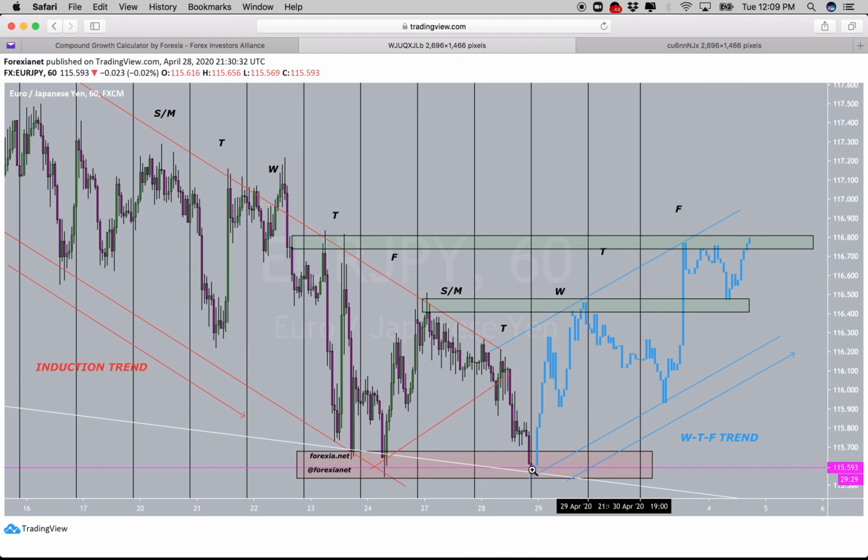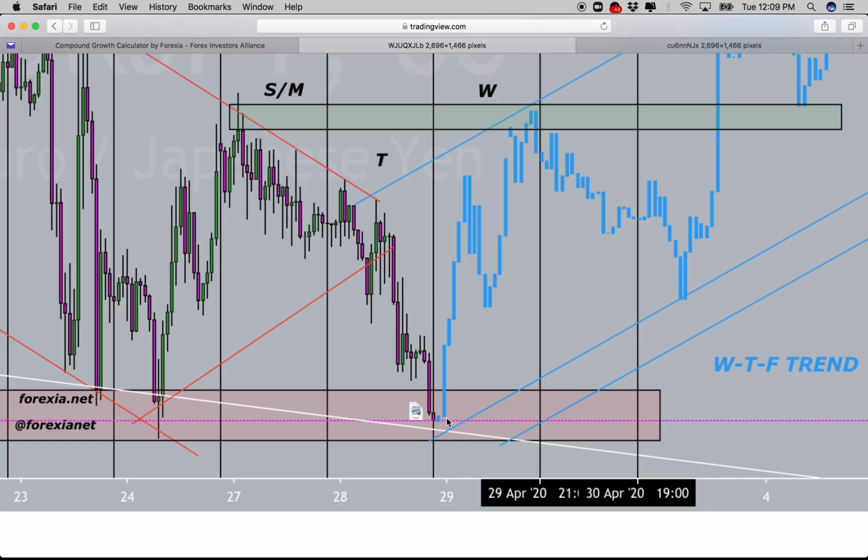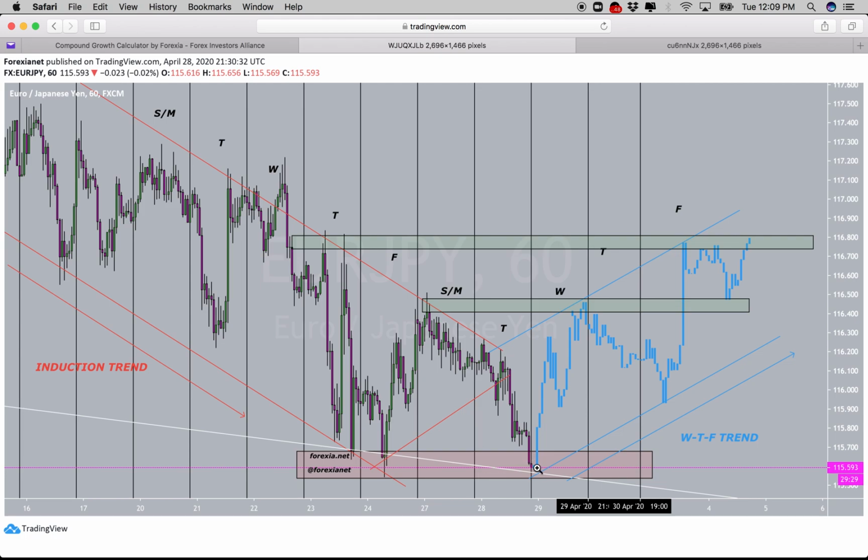We saw price in our entry zone, this red zone here, and this blue line here is our projected price, where we said we are going to buy here with a 20 pip stop loss, and we are going to take profit up here for around 200 plus pips.